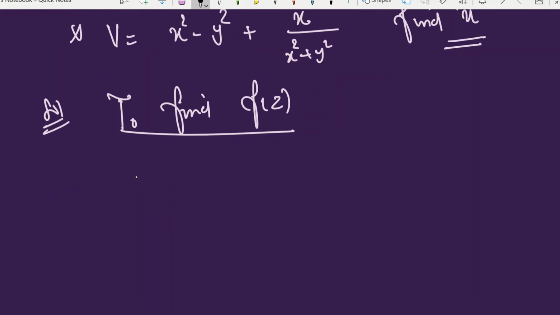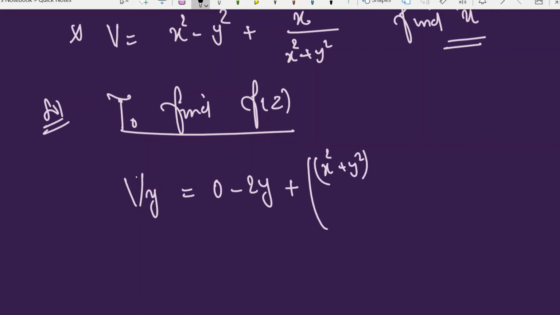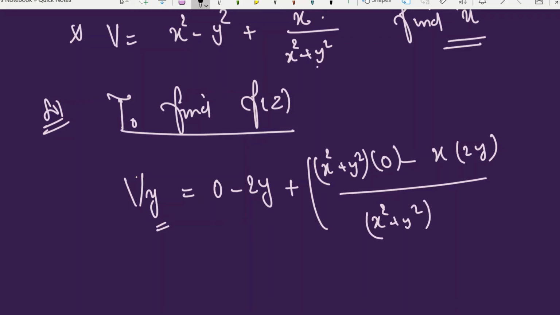Here v is given, so automatically v should be differentiated with respect to y first. So x square differentiation is 0, minus y square is minus 2y, plus here we have to use the quotient rule of differentiation. Numerator differentiation with respect to y is 0. 0 minus numerator times denominator differentiation, which is 2 times y, divided by x square plus y square, the whole square.